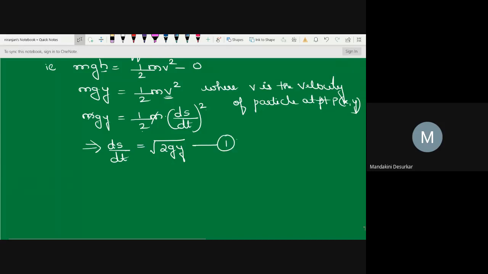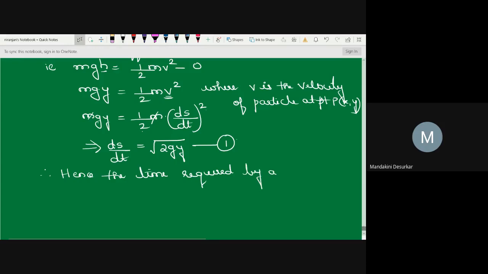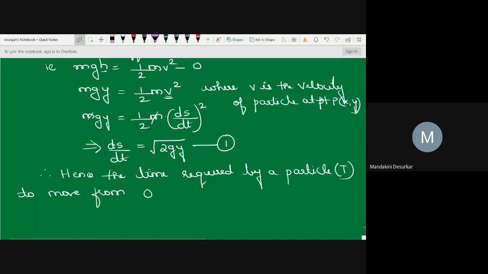Now I'm going to take the total time required by a particle to move from O to what point should I take?